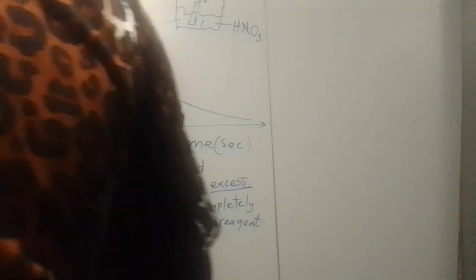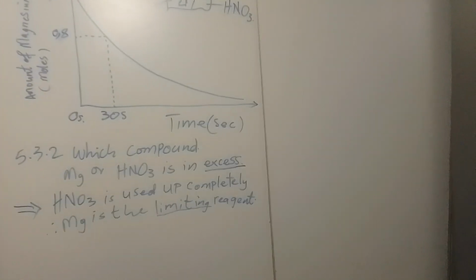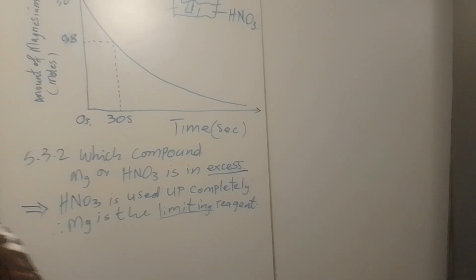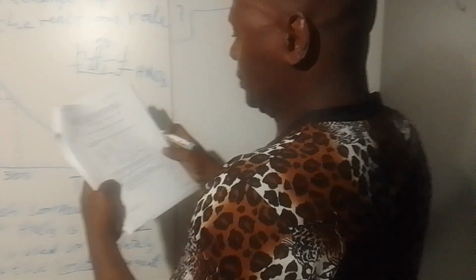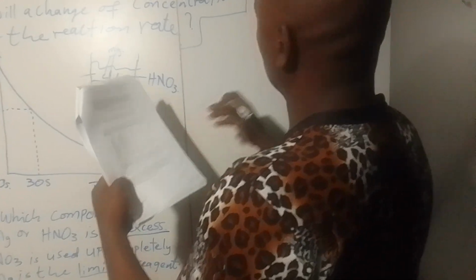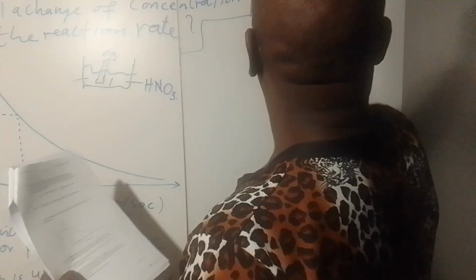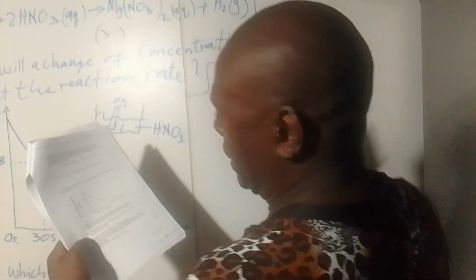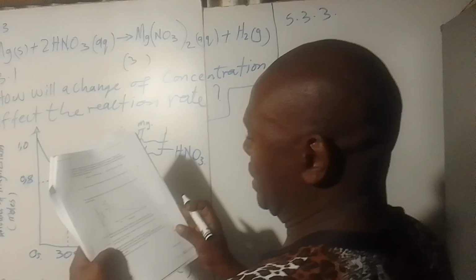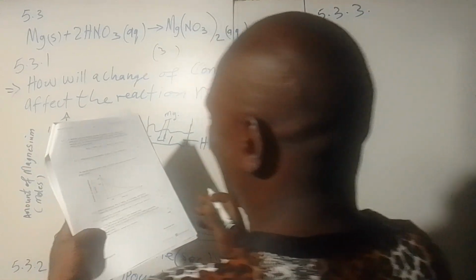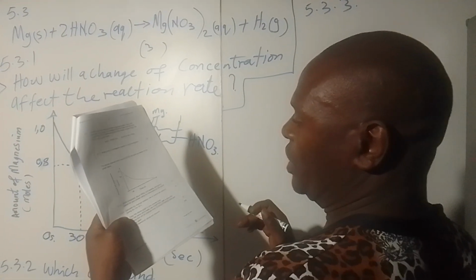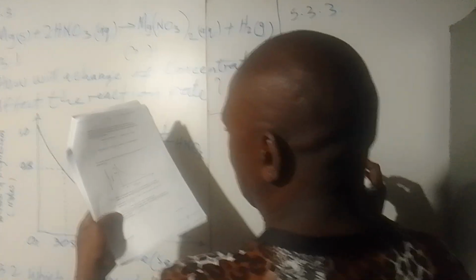Going forward to answer the next question. The next question is 5.3.2. We're going to do 5.3.3. They say calculate the average reaction rate in grams per second during the first 30 seconds.